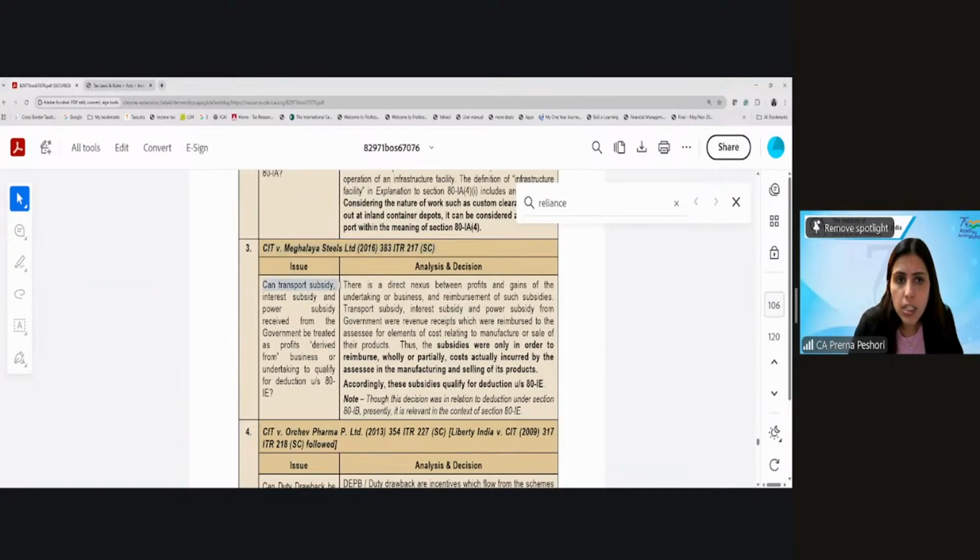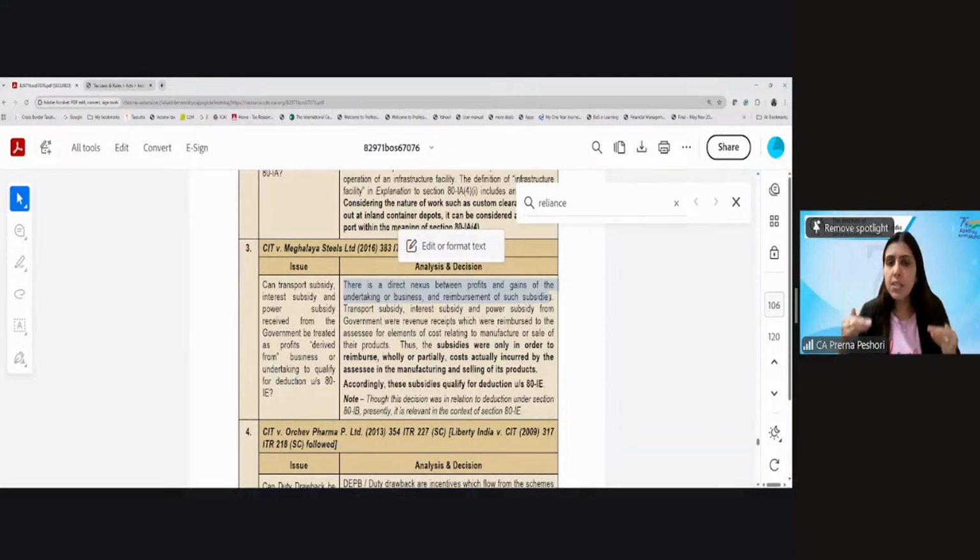Can transport subsidy, interest subsidy, power subsidy received from the government be treated as profits derived from business or undertaking to qualify for deduction under ATIA? This is about ATIE, but it is equivalently applicable to ATIA section also. So it says there is a direct nexus between the profits of the undertaking and the reimbursement of the subsidy.